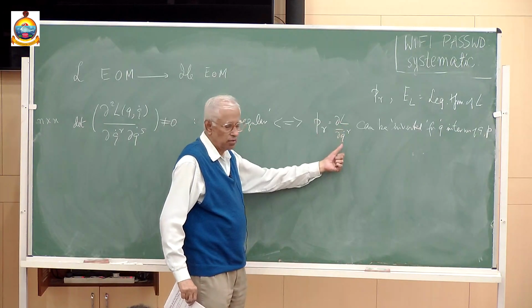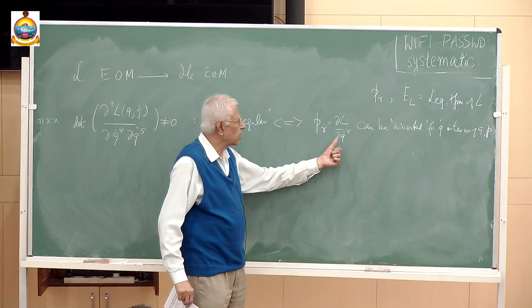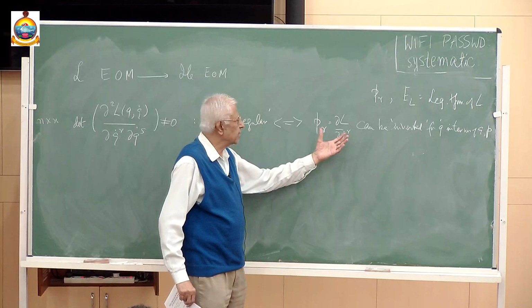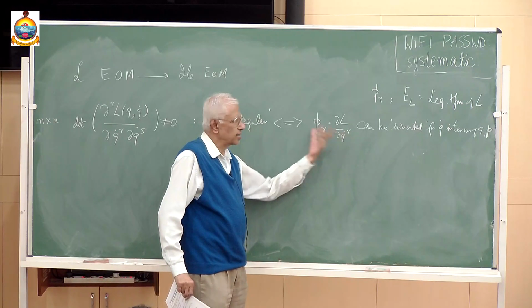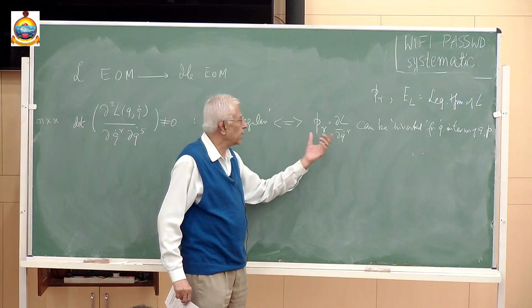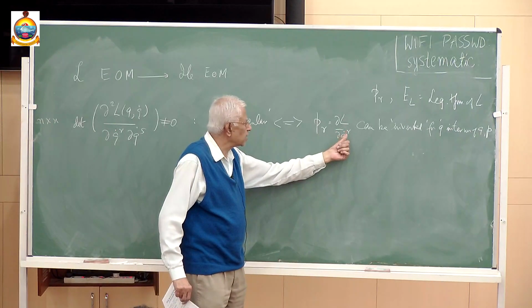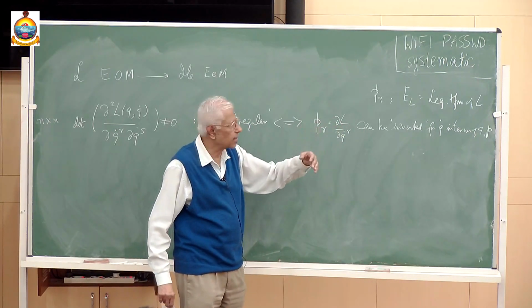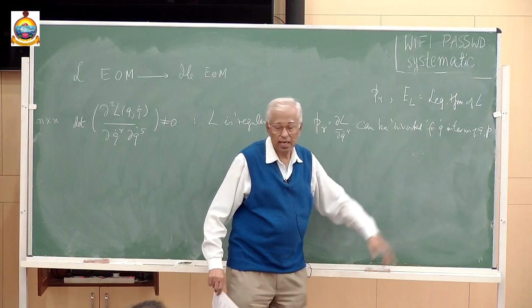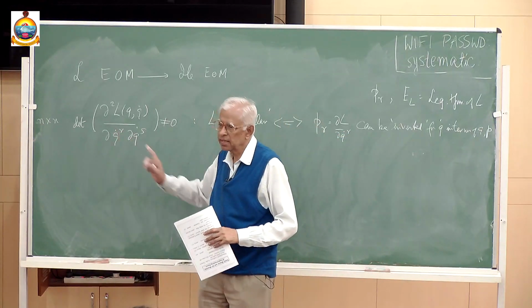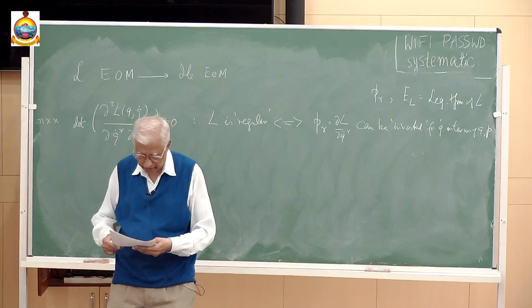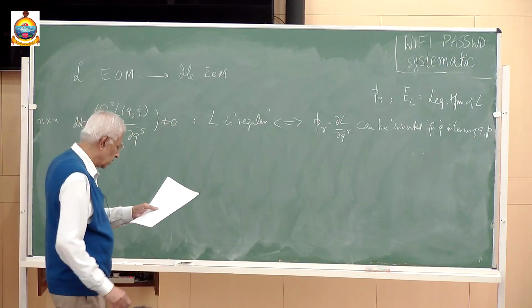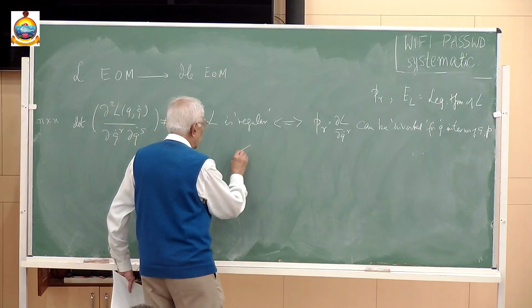So, every p is a function of q and q dot. You can ask the question, can I, in an algebraic sense, turn these equations inside out and express every q dot as a function of p, and q, of course, is always there. That can be done if this condition is satisfied. This is the so-called implicit function theorem.